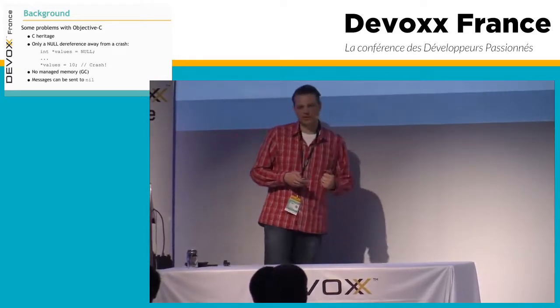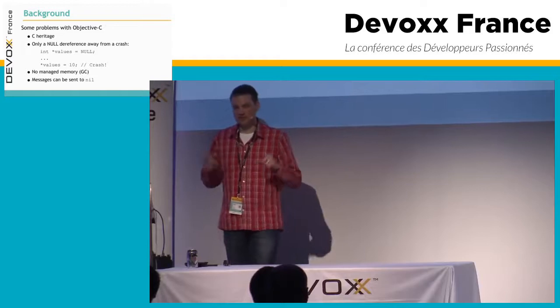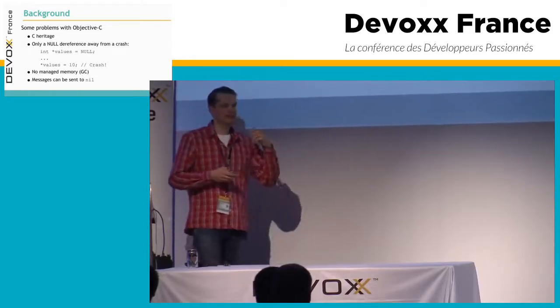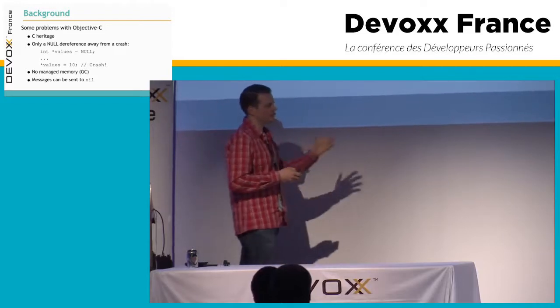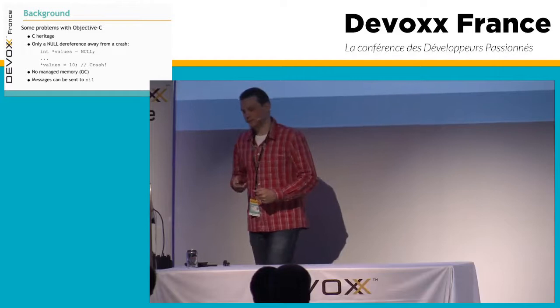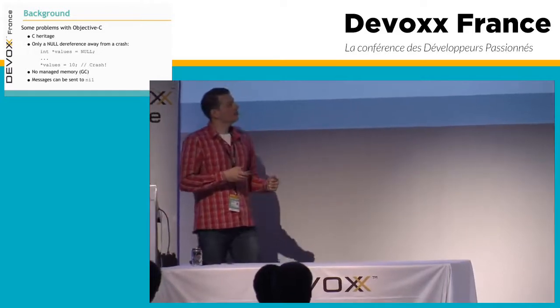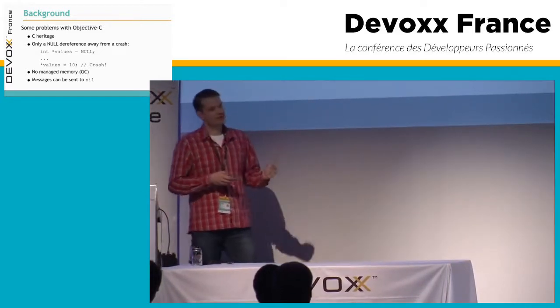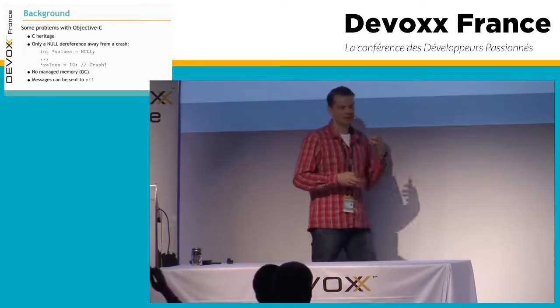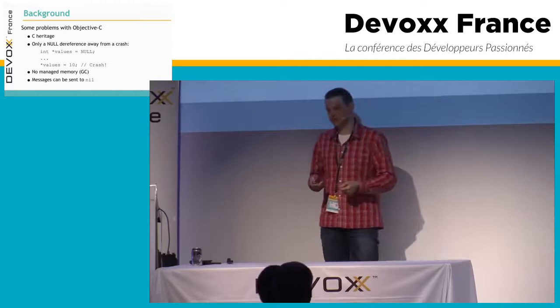Another thing that annoys me with Objective-C, which is a feature to some Objective-C programmers, I think, is that you can send messages to the nil reference. Nil is just another name for null. I don't know why they chose to call it nil. So you can pass a message to nil. You won't get a crash. In Java, you would get a null pointer exception immediately. The same for C#.